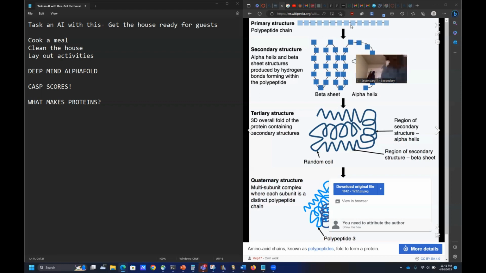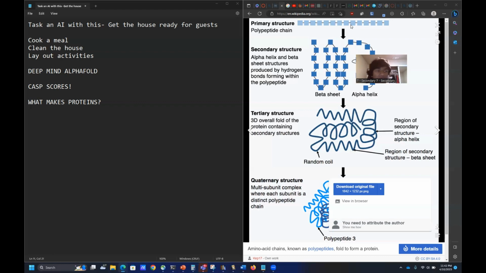is what we call an attention network. So an attention network is when we task an AI with solving a larger problem by allowing it to first break it down into much smaller problems. So if we were to ask the AI to get the house ready for guests, the AI would probably break that problem down into multiple smaller problems.